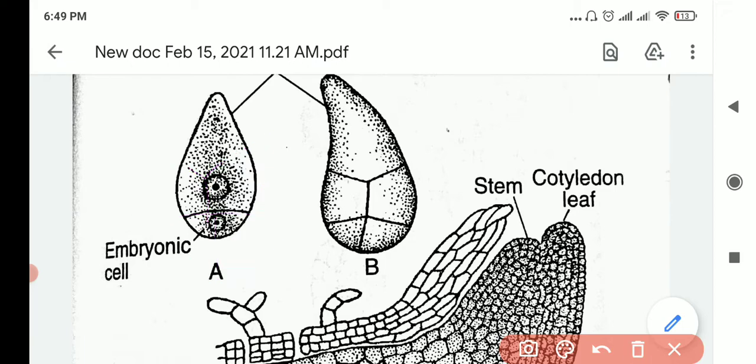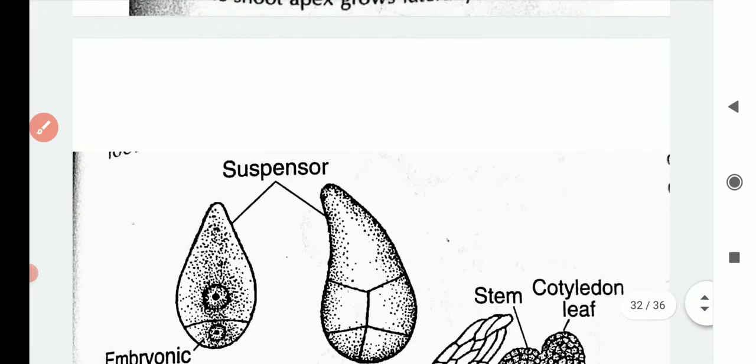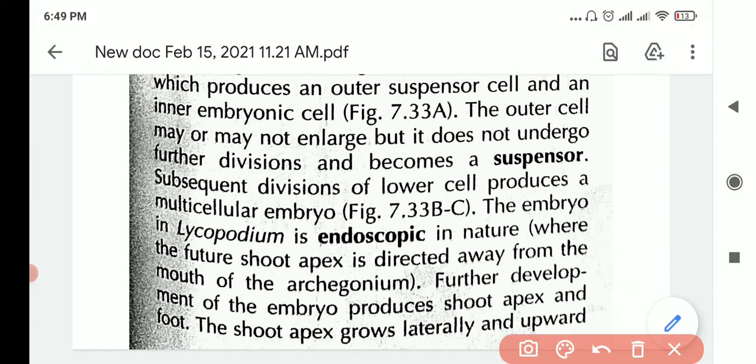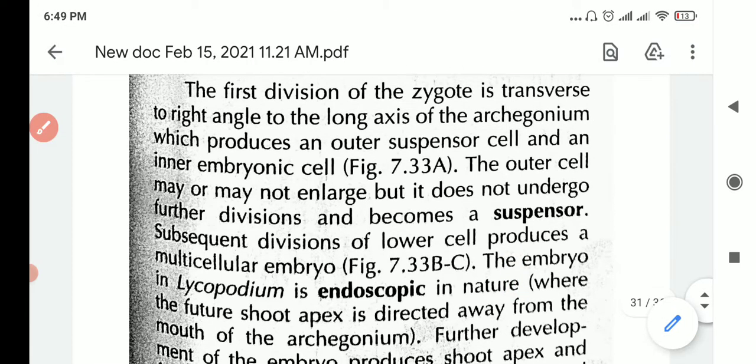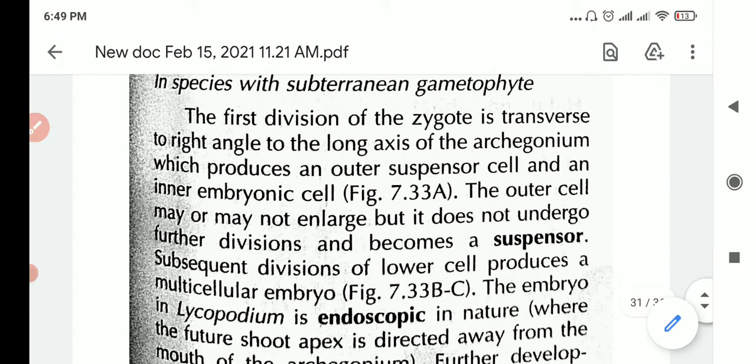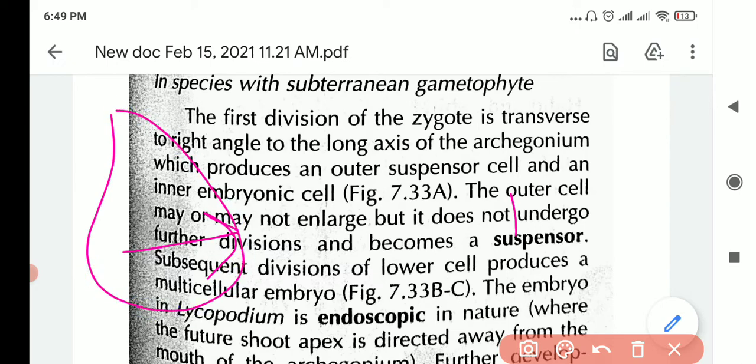The words are complicated, but it's easy if you see the image, right? The first division is transverse, this way, then it becomes at right angle, that way.